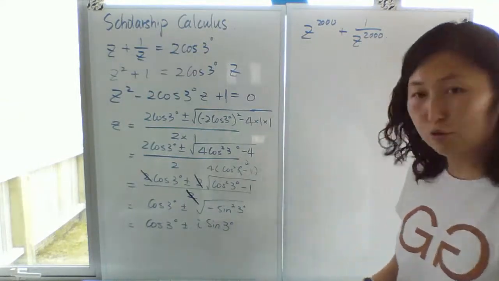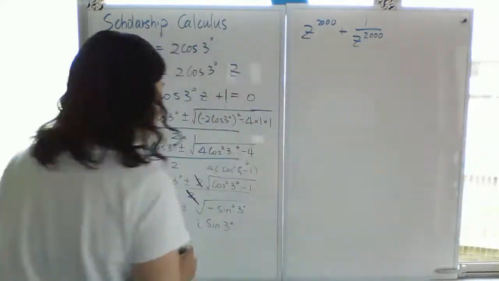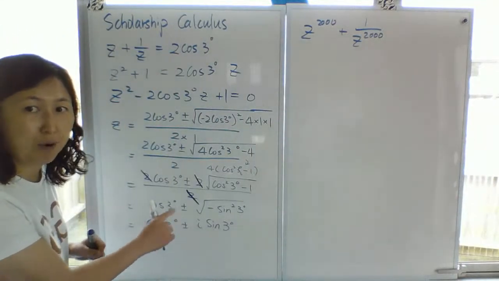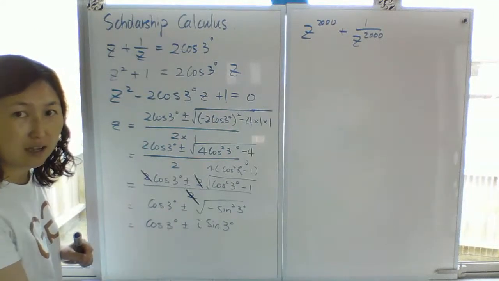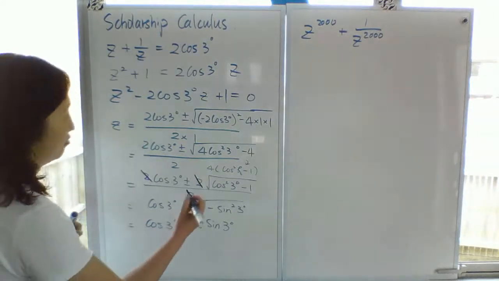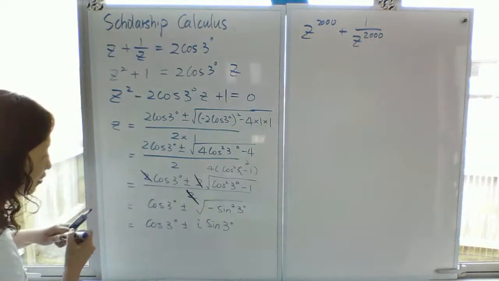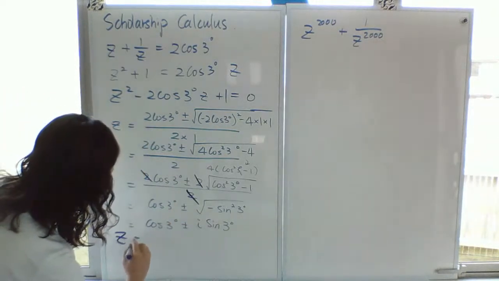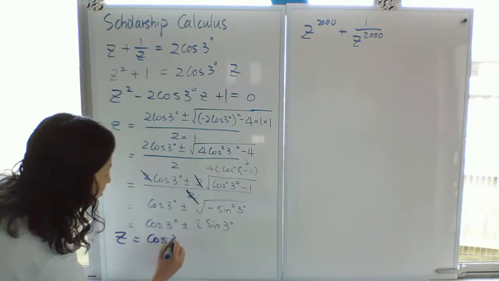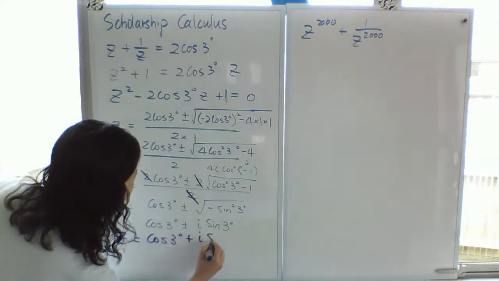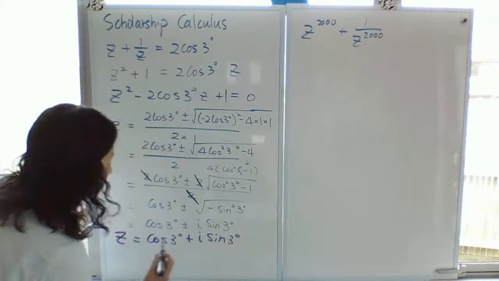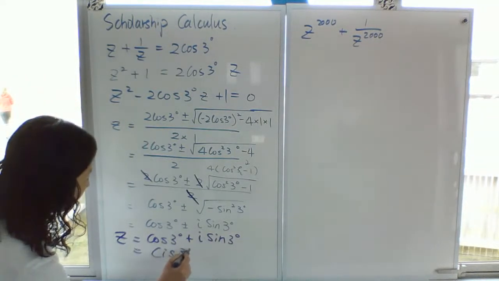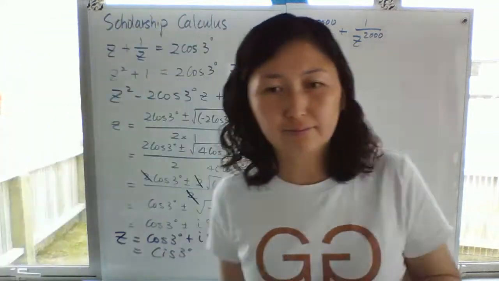So one of the solutions that we can use is the positive one, because the positive one is the polar form. So I'm going to say that for now, because I know I've got two solutions, but I'm going to use one of them. So z is equal to cosine 3 degrees plus i sine 3 degrees, which is equivalent to cis 3 degrees. Okay.